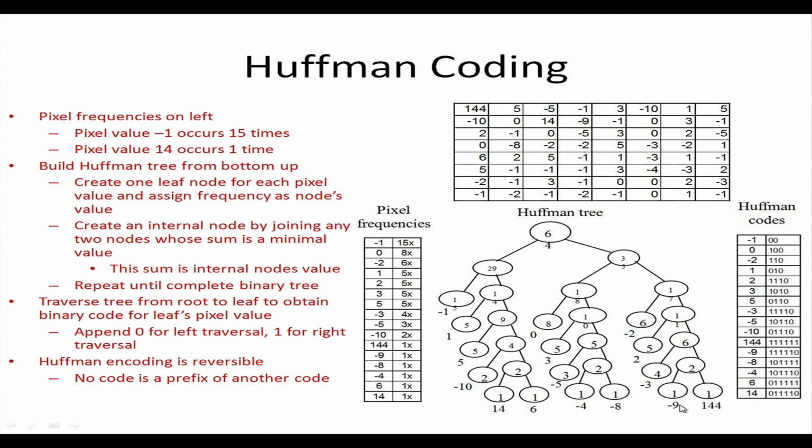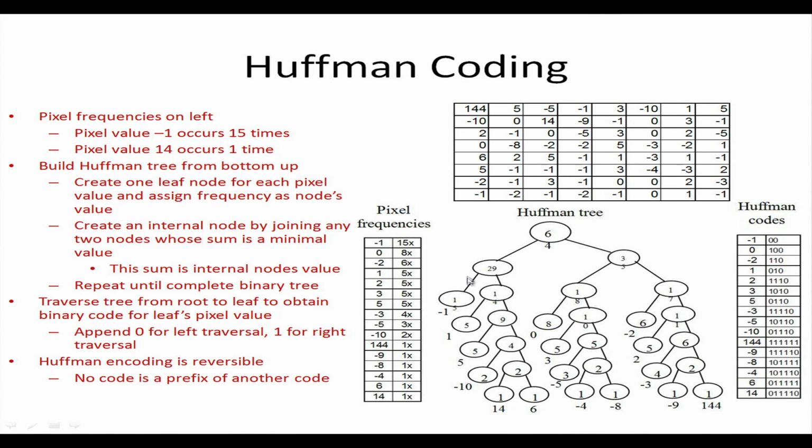If I join these two, my frequency comes to be 2. In that way, at every stage I select the nodes and pair them up, so that their sum, that internal node value, is the minimal for that stage. And I repeat this until I get the complete binary tree.